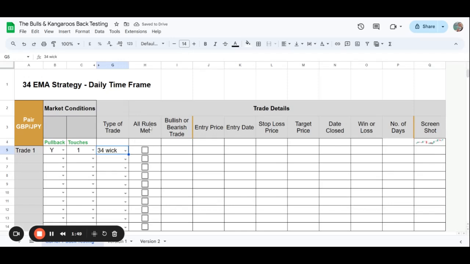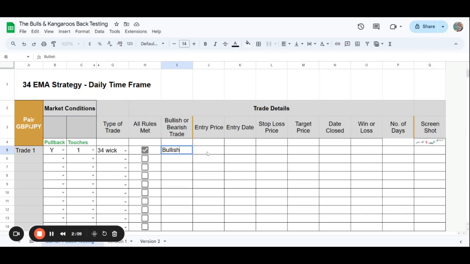Next is all rules met. This is where we check that all of our rules are in place, and then we just put a simple tick in there. The type of trade, we can just call a bullish trade, in other words, we're going up.